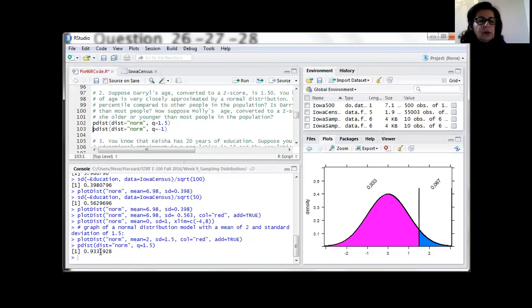Why is it 32? Because the next digit is 9. So we are expected to round our final answer to 2 decimal points. So that's why the answer, the percentile, is 93.32.